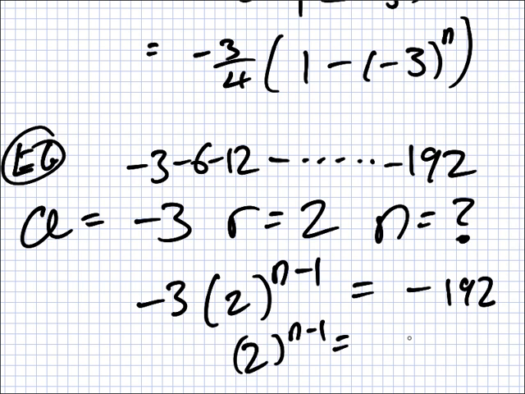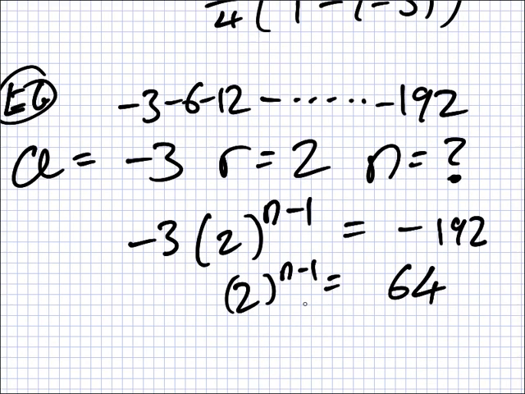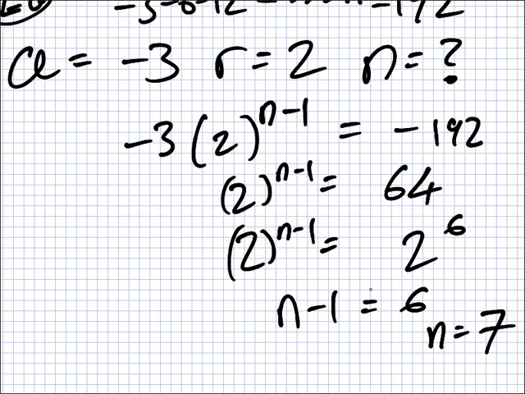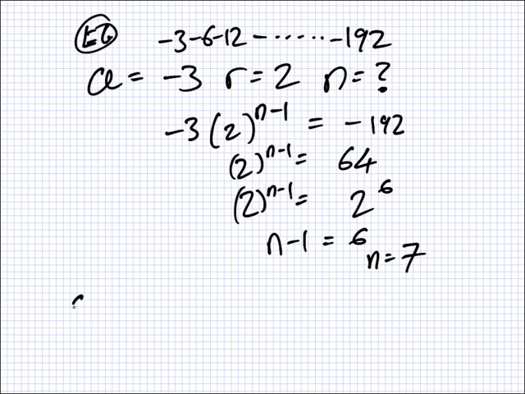What's that? 8, 64. Yeah? No, 64 is 2, 4, 8, 16, 2 power 6, isn't it? So then n minus 1 equals 6, so n equals 7. So now we can finish and get the sum.